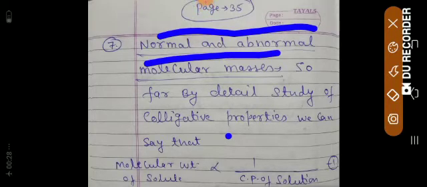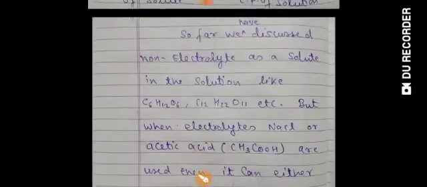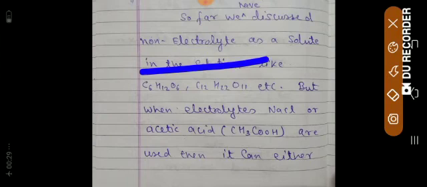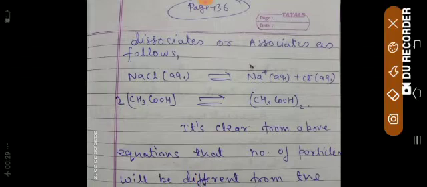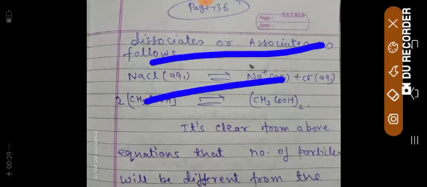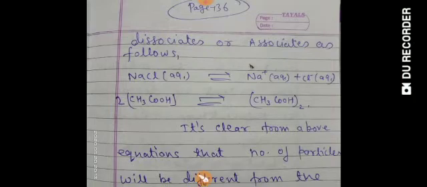In the last videos before this heading number 7, we calculated colligative properties without considering association or dissociation, but here we consider dissociation and association, meaning electrolytes and non-electrolytes, as I told you earlier. Look at that: acetic acid is the non-electrolyte, and NaCl is the electrolyte, which will dissociate or associate, so the particles change, the colligative property will change, and the molecular mass will change.